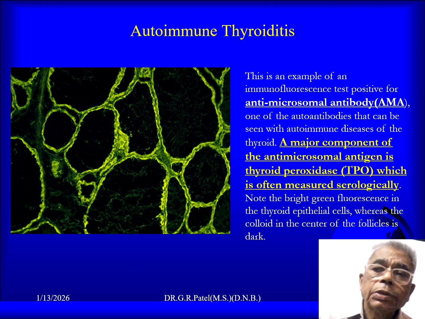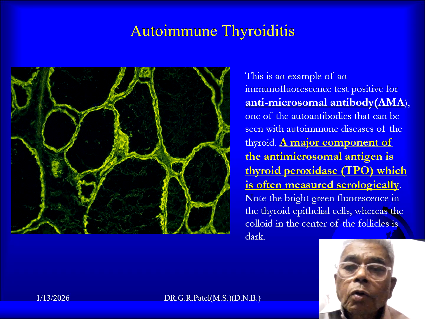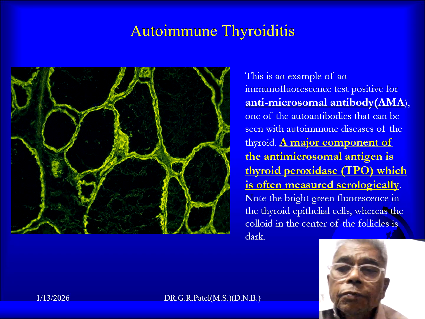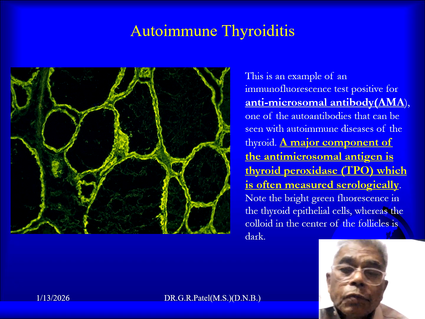Autoimmune thyroiditis. This is an example of an immunofluorescence test positive for antimicrosomal antibodies. One of the autoantibodies that can be seen with autoimmune diseases of the thyroid.